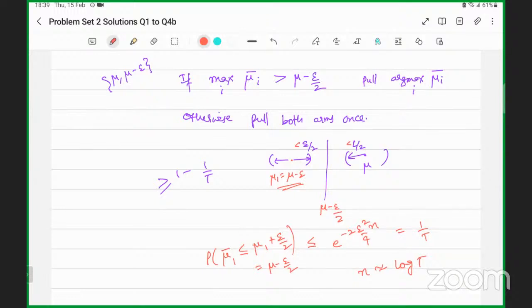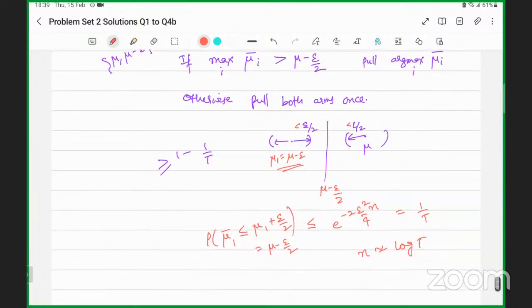Is this part clear or should I explain it in a little bit more detail? I can do that because there is nothing else. Because you are saying that this is the epsilon by 2 and you are doing epsilon.